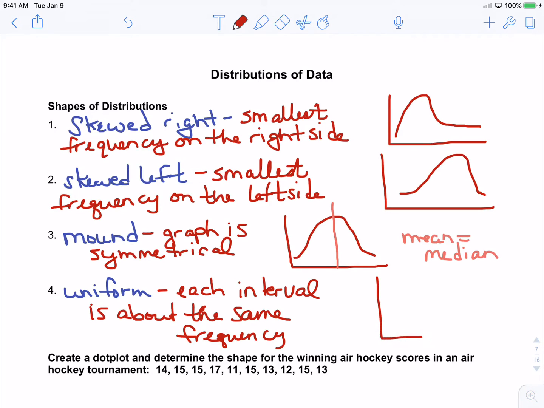And again, frequency is the number of times an interval or a group of data occurs. So here, this is going to look more rectangular because all of the data is at that same height. So that's what would be a uniform graph or distribution.